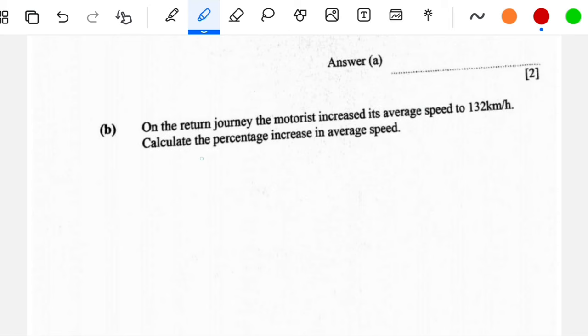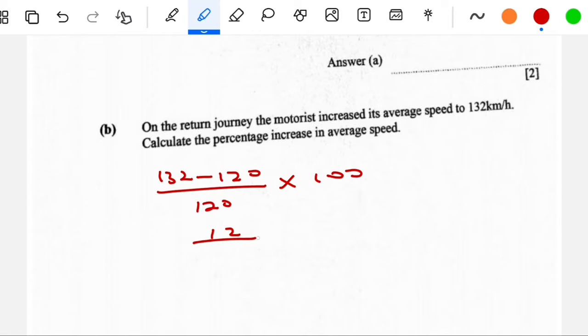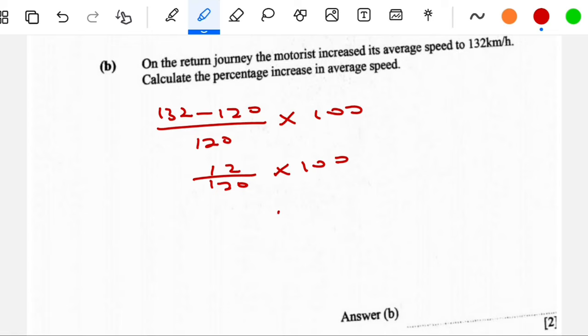Calculate the percentage increase. So the percentage increase is the new speed, 132, minus the old, 120, over 120 times 100. So I've got 12 over 120 times 100, which gives me 10% as my answer.